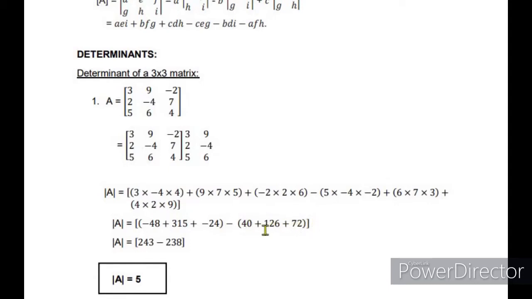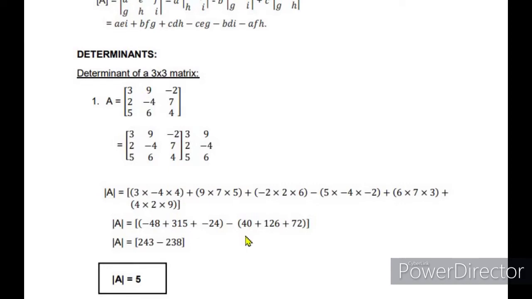So how do we get these products? We will now proceed from the lower left part up to the upper right part of the diagonal elements. Let's begin here. 5 multiplied by negative 4 is equal to negative 20. Multiplied by negative 2 is equal to positive 40.